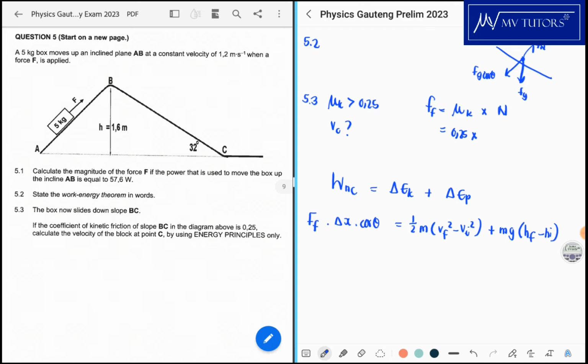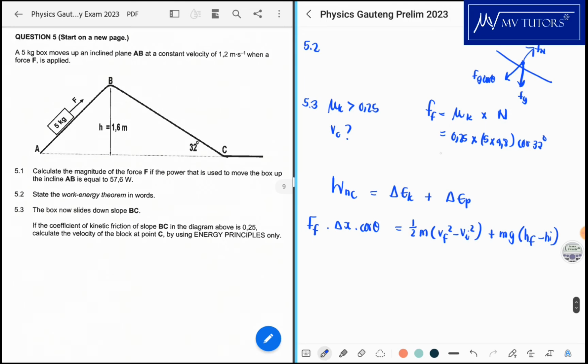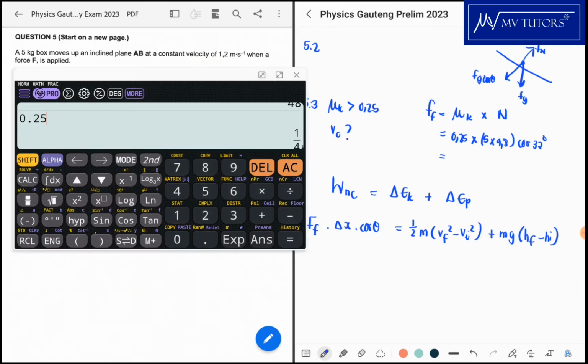So your normal force is equal to Fg cos theta. So Fg, basically the mass, which is 5, times gravitational acceleration, and then cos theta. So we're going to have cos 32 degrees. Okay, and I'm just going to get what that value is. 0.25 multiplied by 5 multiplied by 9.8 multiplied by cos 32.